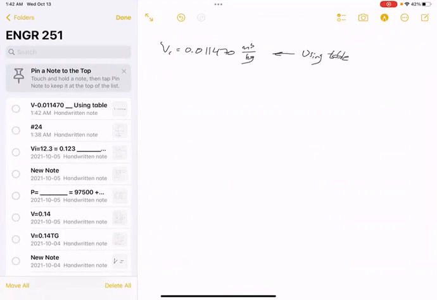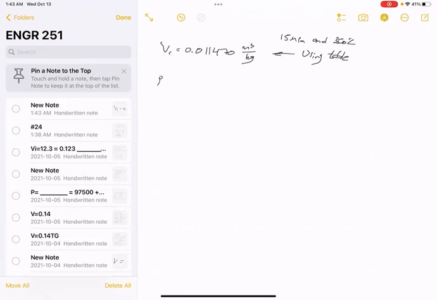tables. Now, the other way we're asked to do this is using the ideal gas law. I'm just going to leave a note here that this is all done at 15 MPa and 350 degrees Celsius. So using the ideal gas law, what's the ideal gas law?